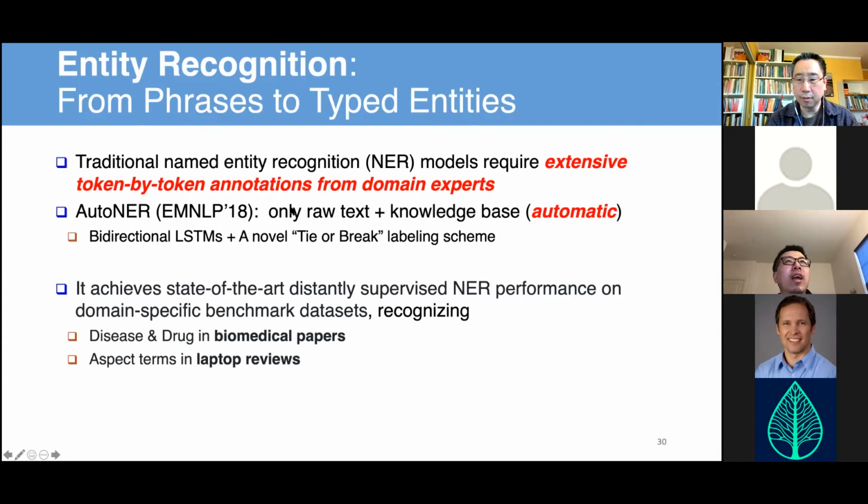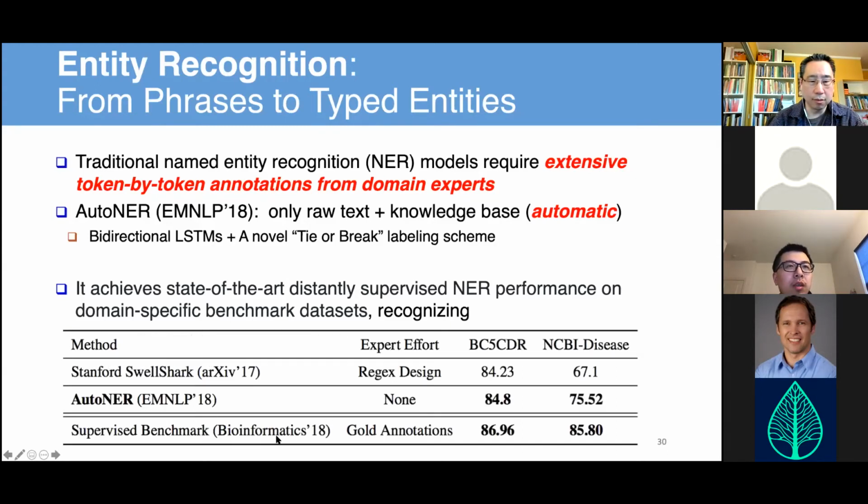And from the entity recognition, we achieved the state-of-the-art distantly supervised performance. At that time, there are some new follow-up work right now refreshing the performance. And we can beat some strong baselines with certain expert effort. And on some data set, the performance could be very close to the supervised benchmark.